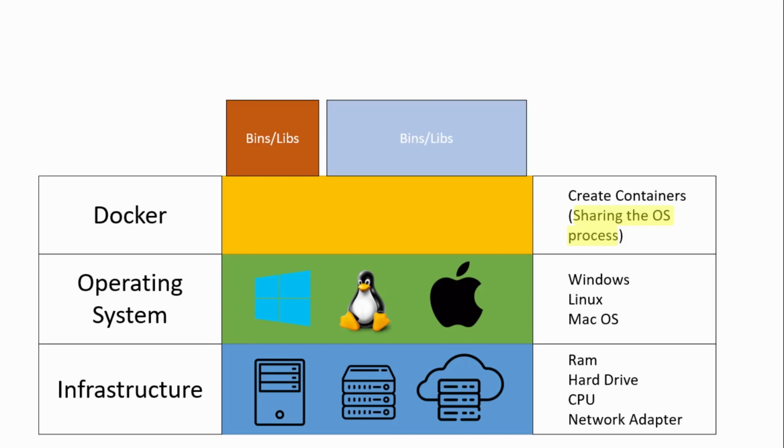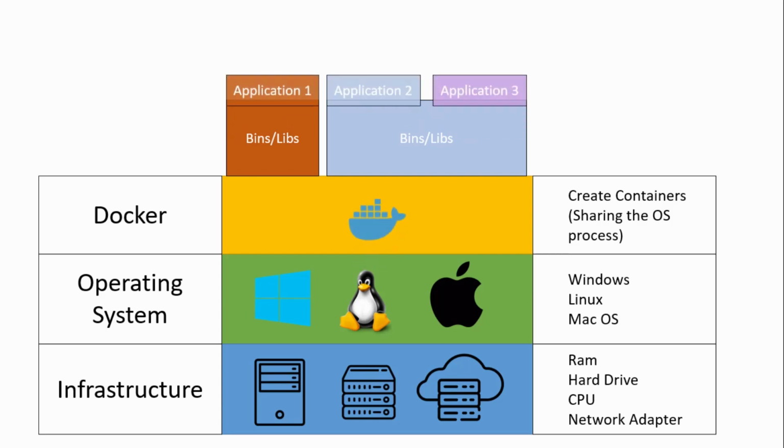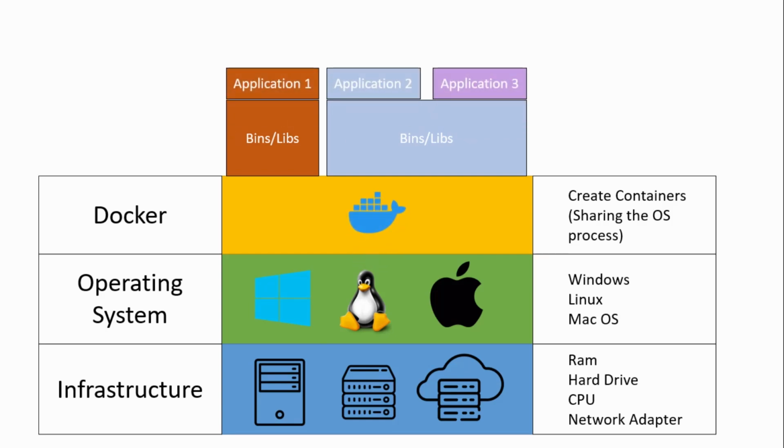In reality, you have a really lightweight version of an operating system running there, but it is not a full-fledged operating system with all dependencies. It is really lightweight. We will see it in examples. You can have bins or libraries installed there, and on top of that you can install your application.